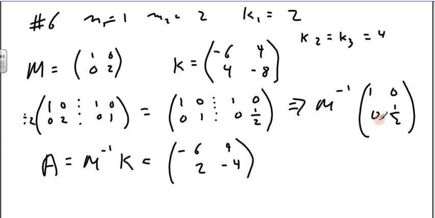So first row, first column minus 6. First row, second column 4. Second row, first column 2. Second row, second column minus 4. Okay, so now I know what my A is.